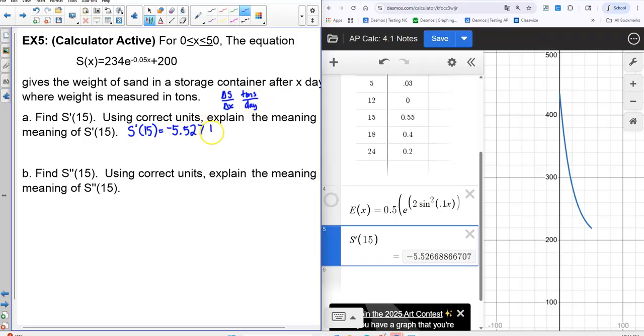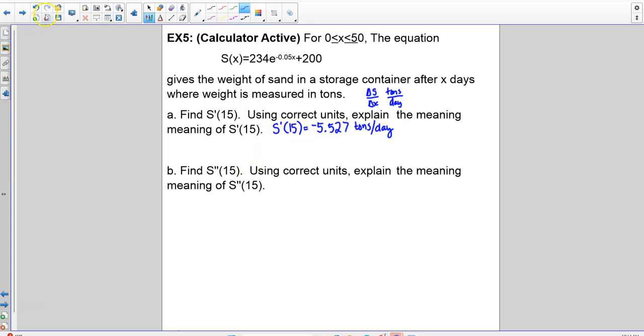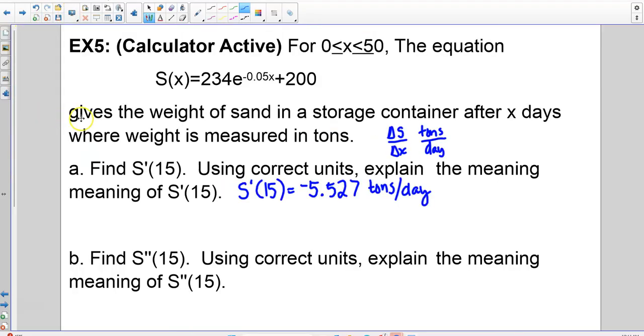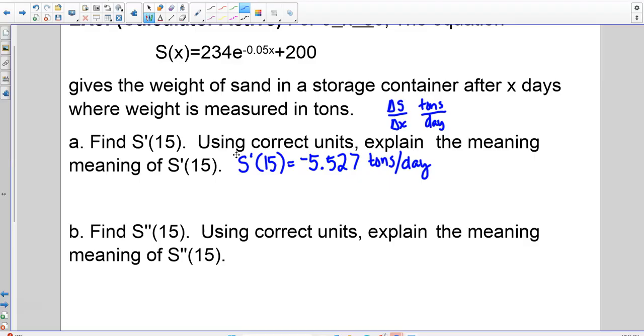So it's tons per day. We're talking about a derivative, that is a rate of change, right?